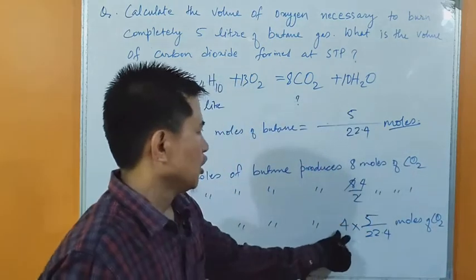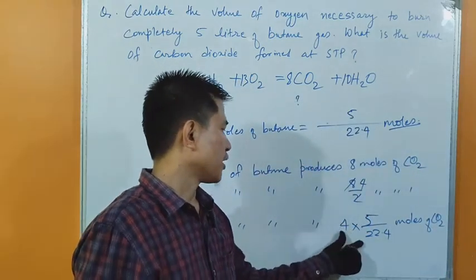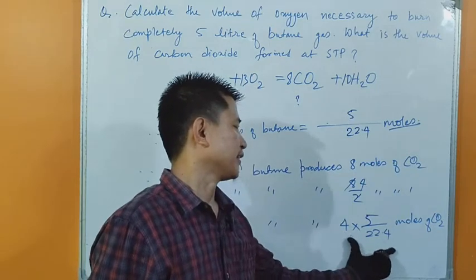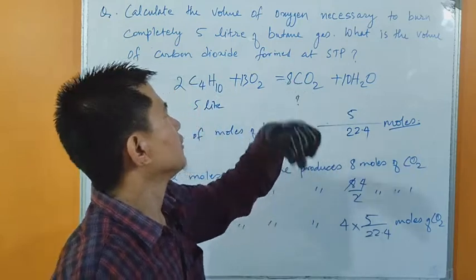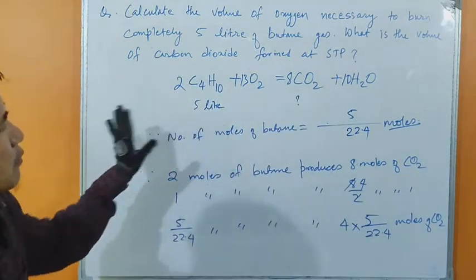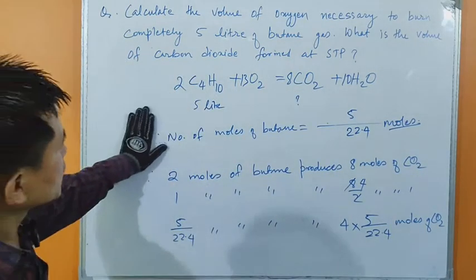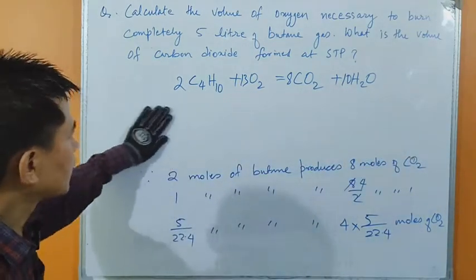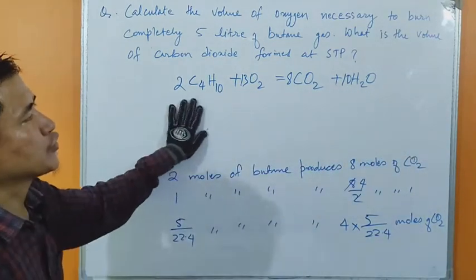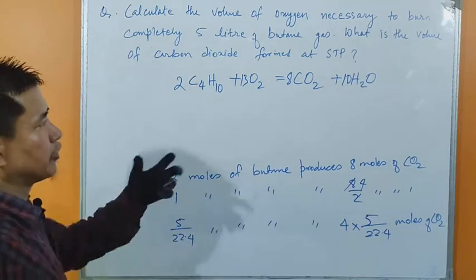Got it? We have found out the number of moles of carbon dioxide gas. Now we can easily find the volume of carbon dioxide gas. Let me erase the upper part. Please take a screenshot of this. We have found out the number of moles. Now we are ready to find the volume of CO2.